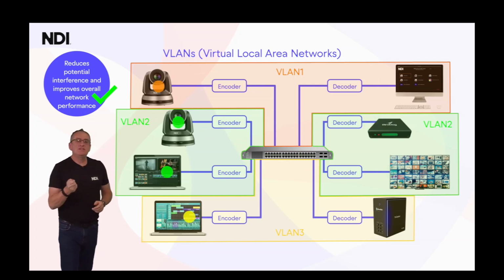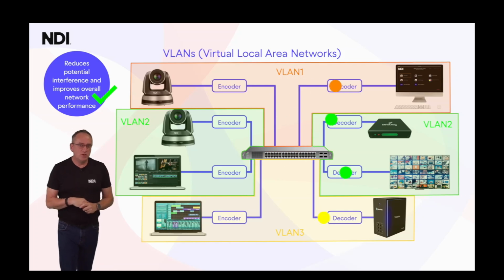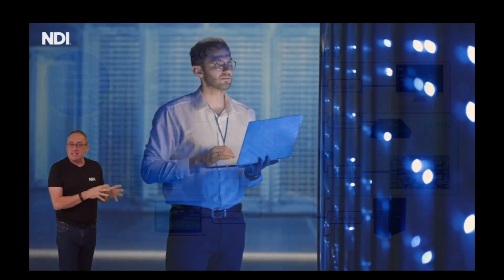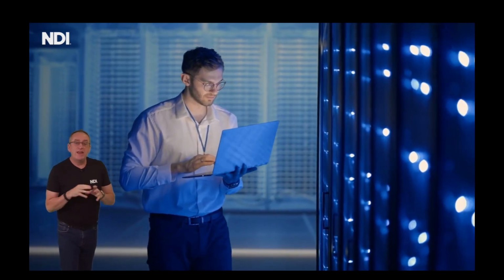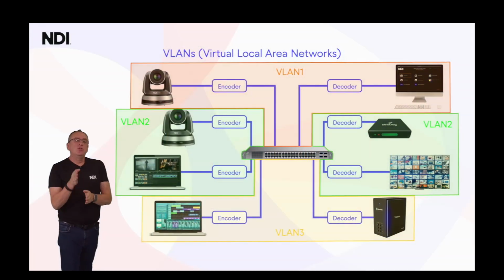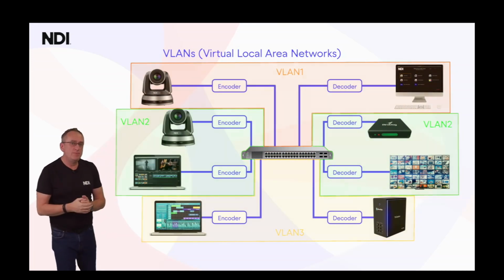As many integrators turn to VLANs to better manage network traffic on larger networks, we'll explore VLAN setup and configuration in the NDI Advanced course. But for now, let's remain focused on the efficient setup of our NDI network across a single network with no segmentation.